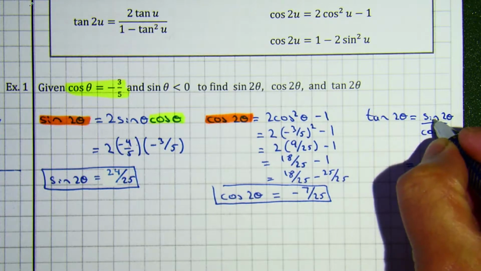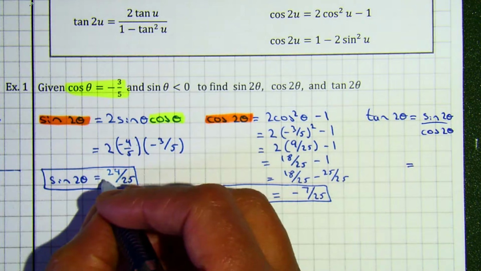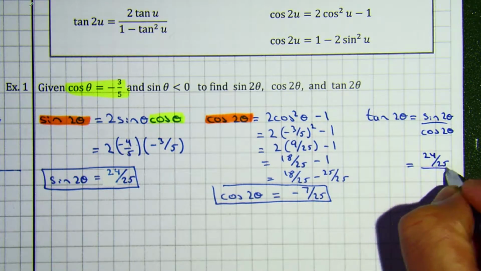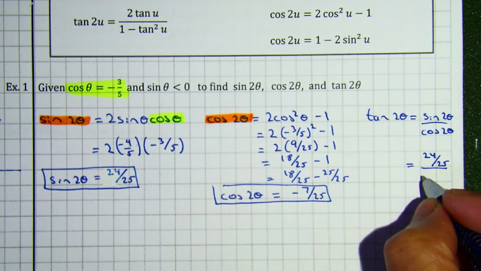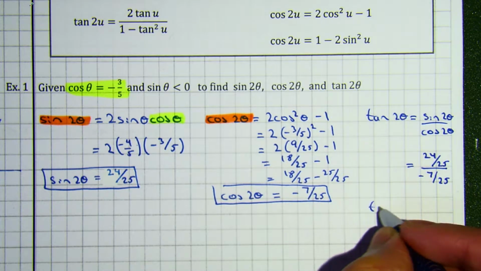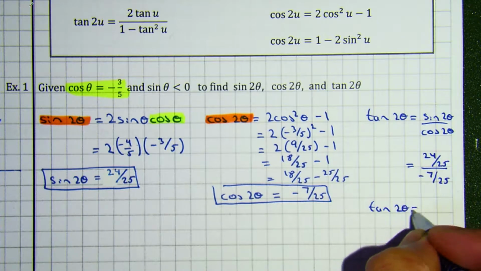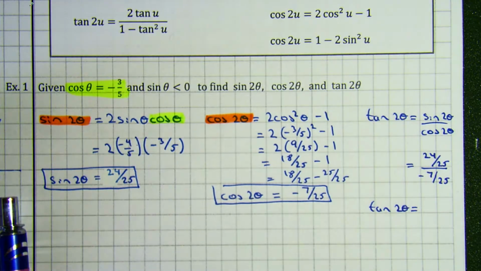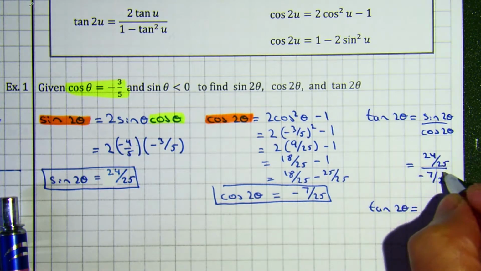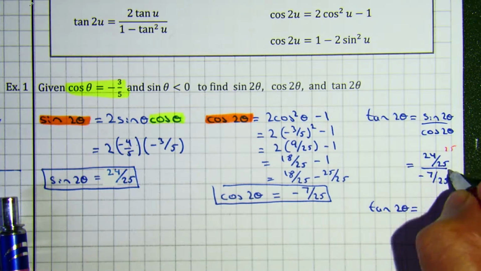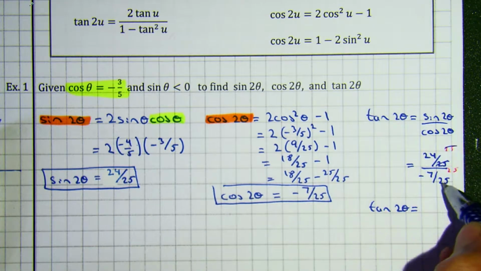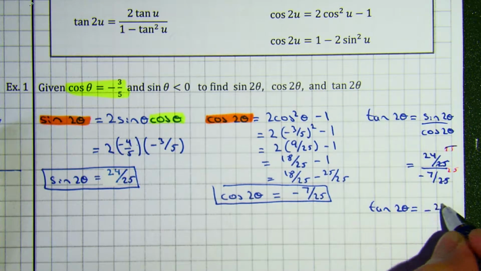And therefore, we know the sine of 2 theta is 24 over 25. We know that the cosine of 2 theta is negative 7 over 25. So therefore, for the tangent of 2 theta, I can change my division to multiplication and multiply them across, or I can just multiply the top by 25 and the denominator by 25. And that cancels, so it gives me negative 24 over 7.